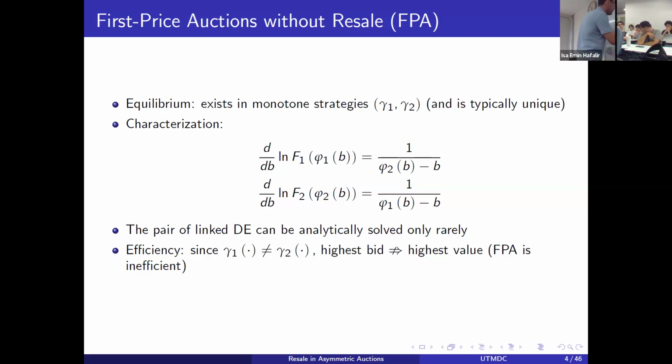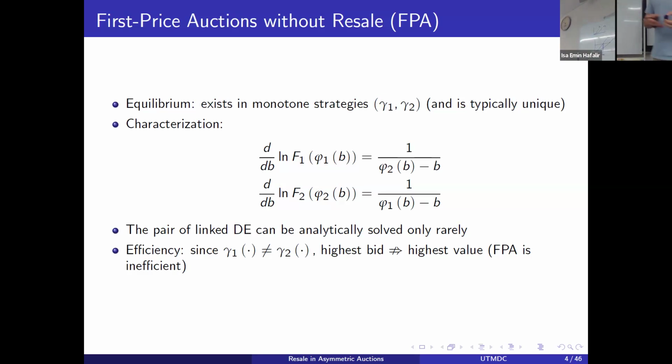for the values just around here, which is around phi j of B, for those guys I am now getting the item and paying B, right? So for this small interval, I get an additional benefit of phi j of B minus B. And that's why this appears here.